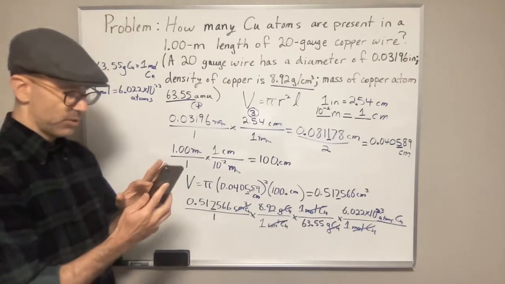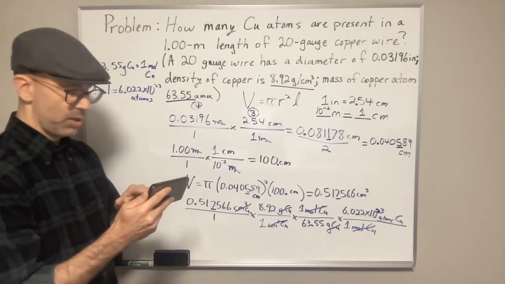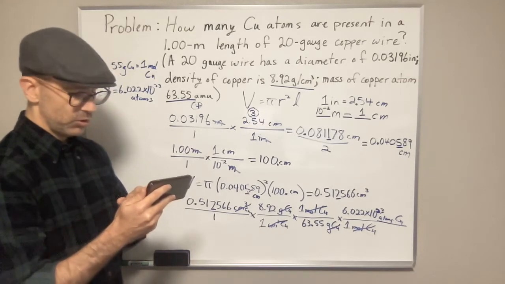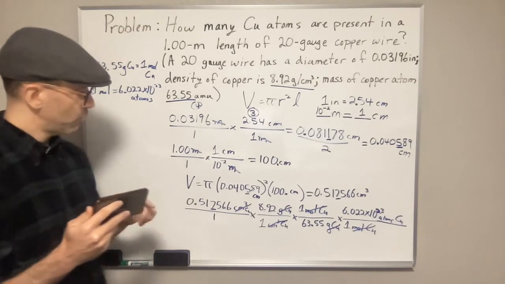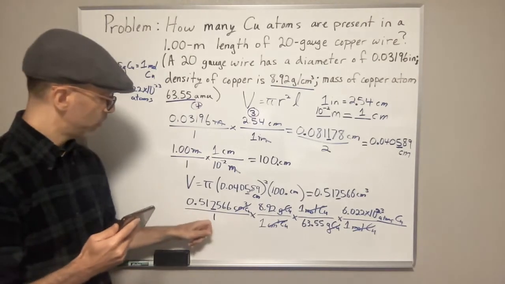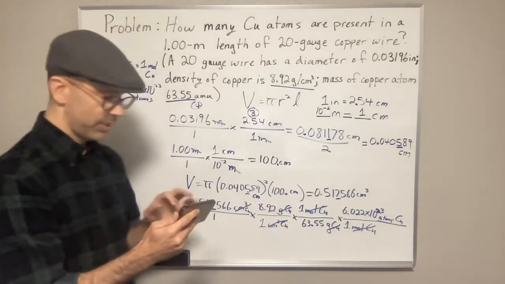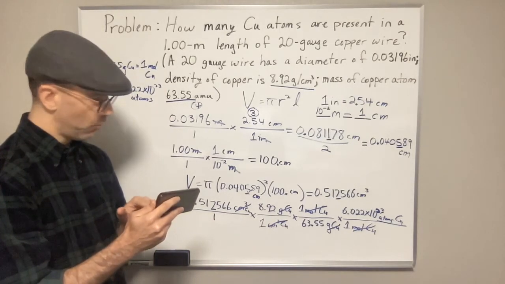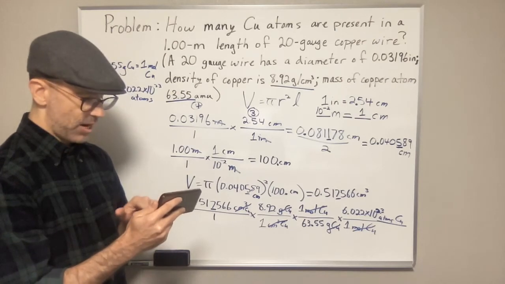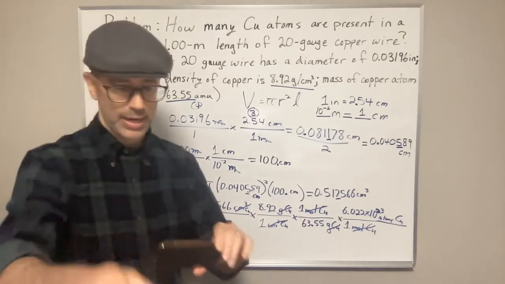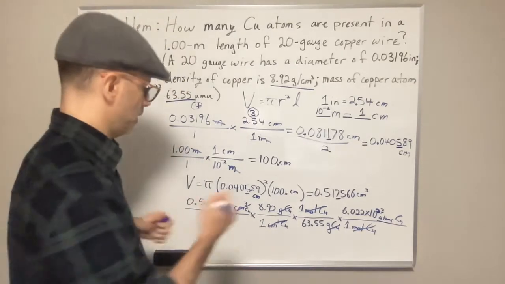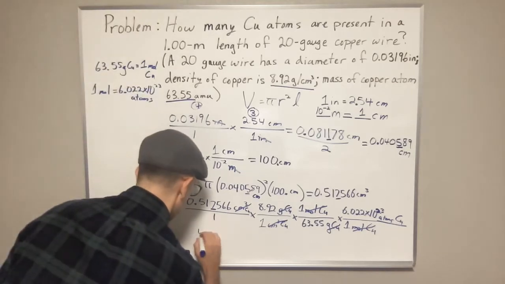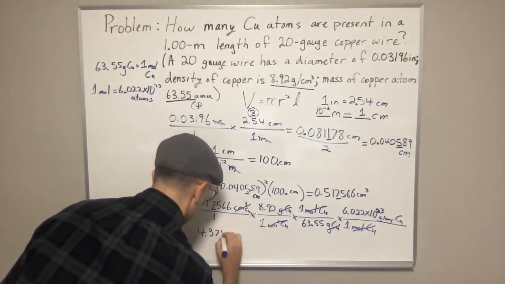Okay, so I'm going to multiply that by Avogadro's number, 6.022 times 10 to the 23rd equals, and now I'm going to divide by 1 on the bottom, divided by 1, and divide that by 63.55 equals, and I get a large number, 4.374.